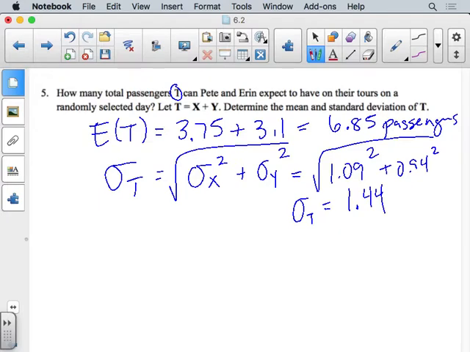So you can't just simply add standard deviations together. They're kind of like a weird number. The formula with them is tricky. So we need to square them first, then add them together, and then do the square root.